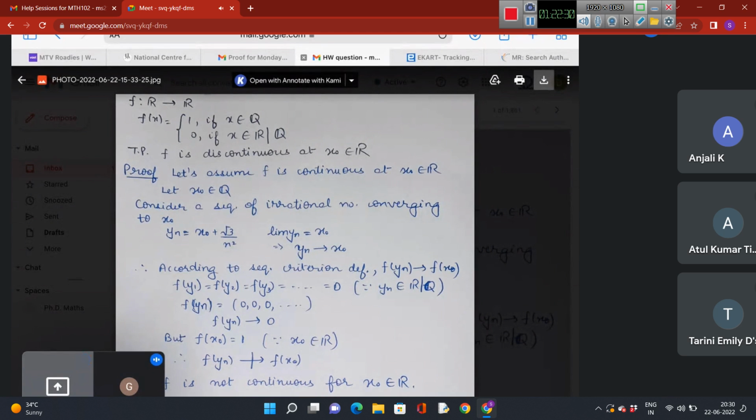But f of x naught is equal to 1 because x naught is a rational number. So this implies that f of y n does not converge to f of x naught. This is a contradiction to our assumption. Therefore, f is not a continuous function, or f is a discontinuous function on the reals.